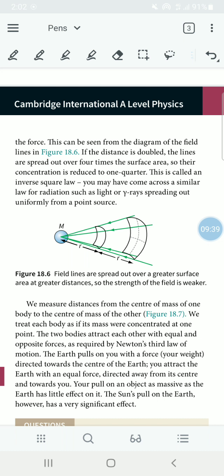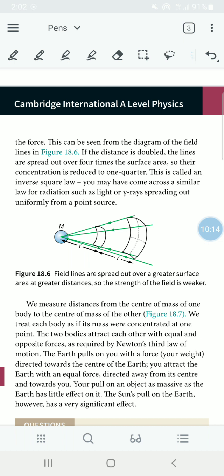So when we are talking about large objects, we measure the distance or separation r from the center of mass of one body to the center of mass of the other. So we have to consider the masses as concentrated at one point, the central point. And also remember, irrespective of their masses, they attract each other with equal and opposite forces, because that is what Newton's third law says.